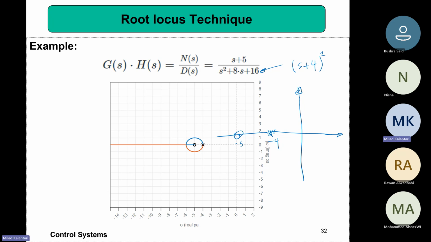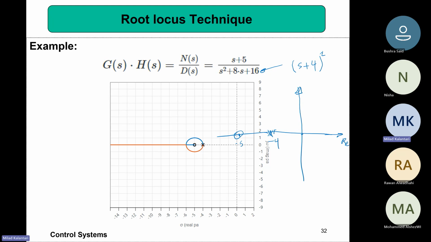So can you tell me where is the location for the roots on the real axis? On the real axis, which location can be the root location?